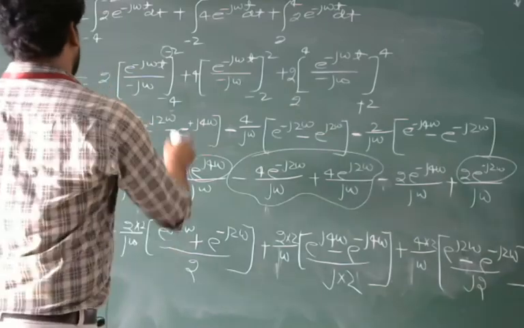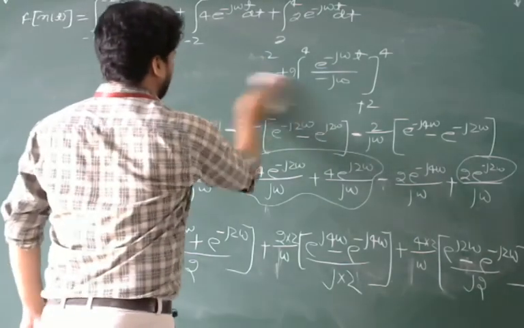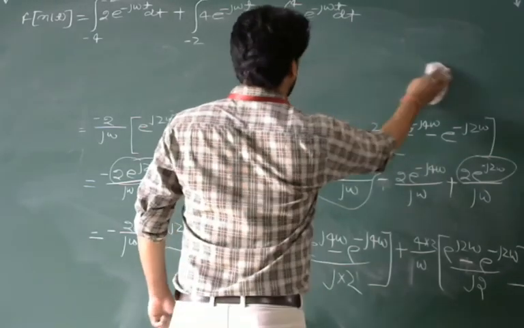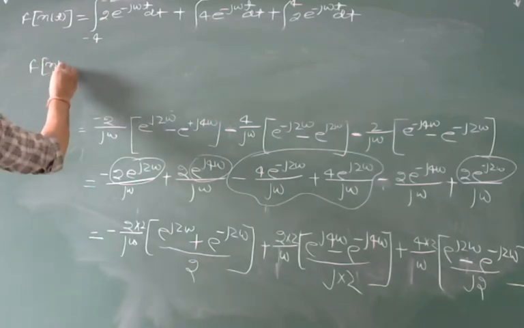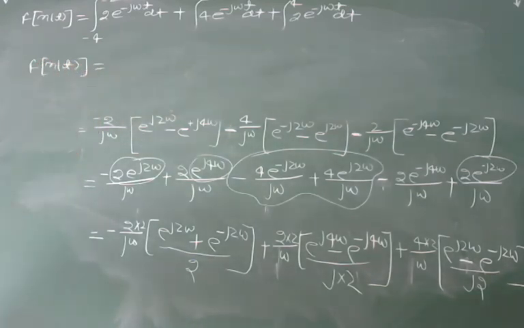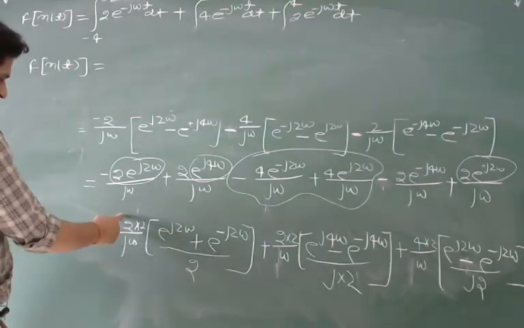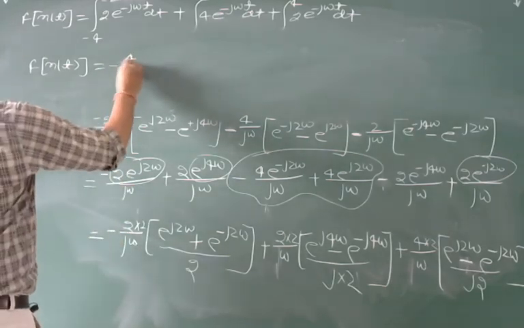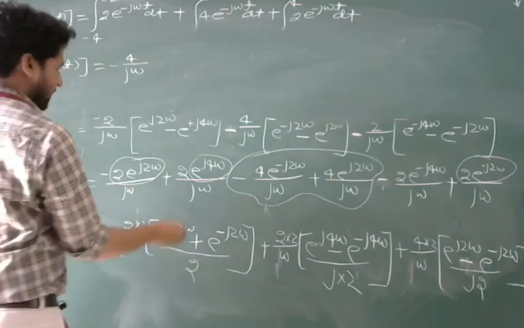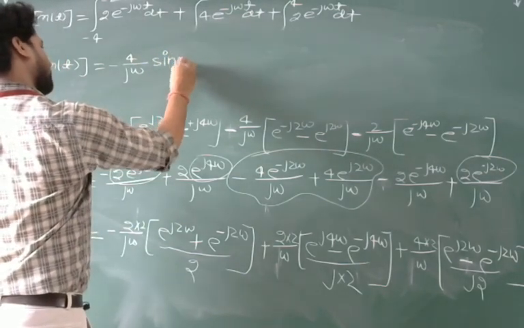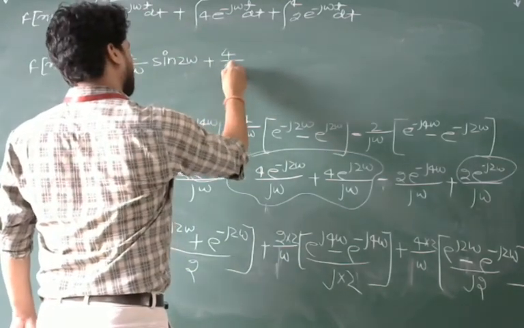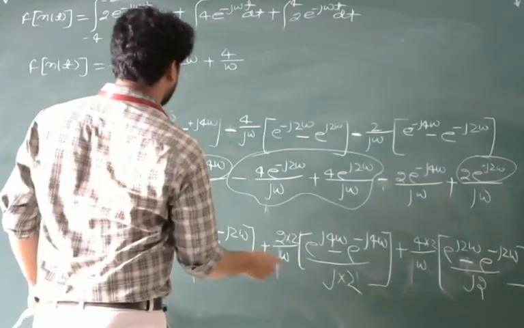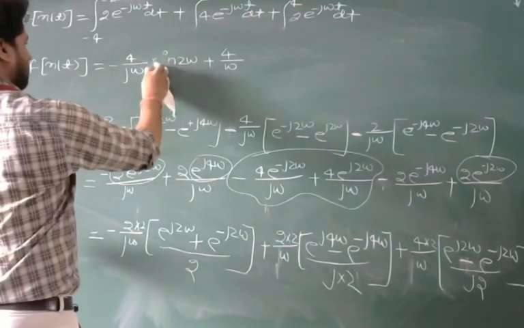Now these complex exponentials will be converted into sine and cosine. The Fourier transform of x(t) can be written as minus 4 by j omega into sine of 2 omega plus 4 by omega into, this is not sine, this is cos of 2 omega.